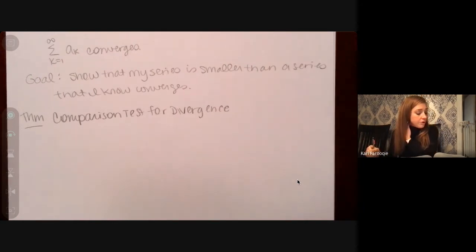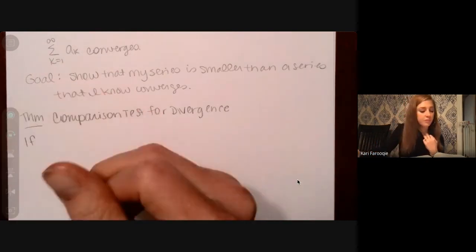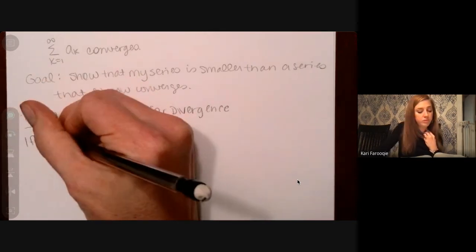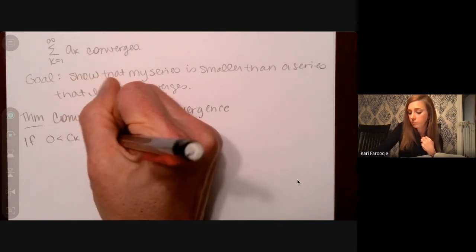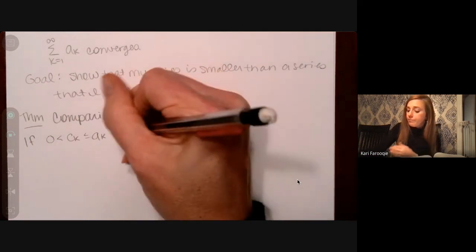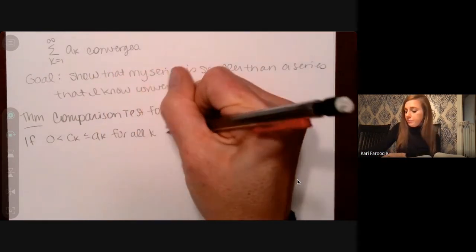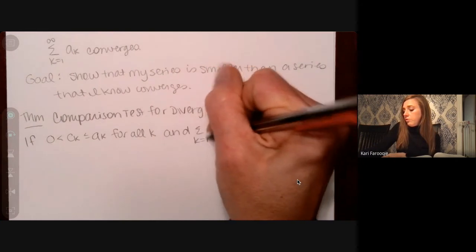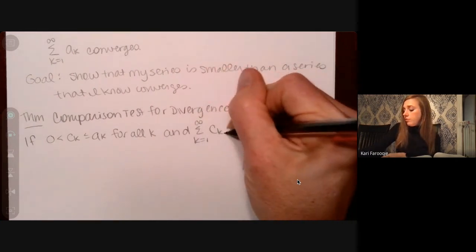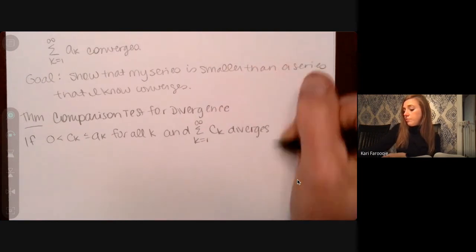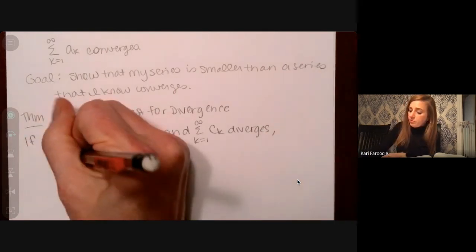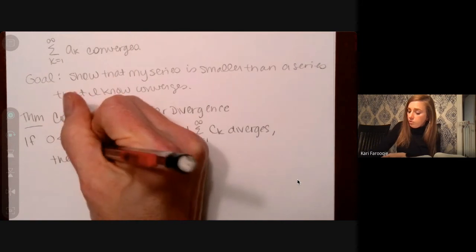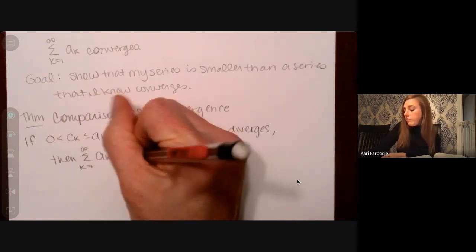All right, so if I'm looking at a series, A sub k, if I can show that C sub k is between 0 and A sub k, inclusive, for all k, and the series from k equals 1 to infinity of C sub k diverges, this is the one that diverges, then the series from k equals 1 to infinity of A sub k diverges.